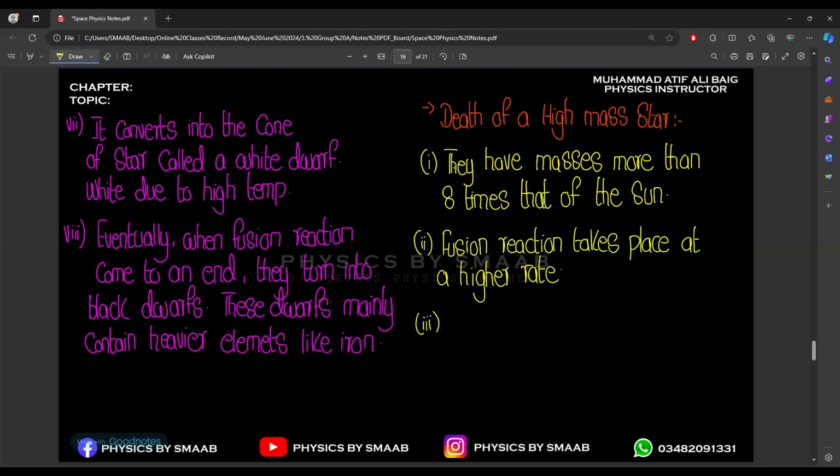And the third point is, again, the heat produced from this fusion reaction will be greater as compared to the small mass star.